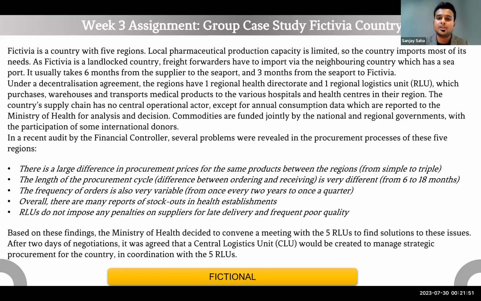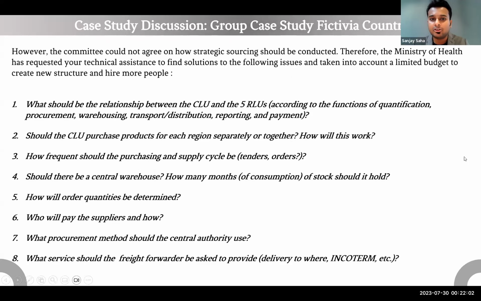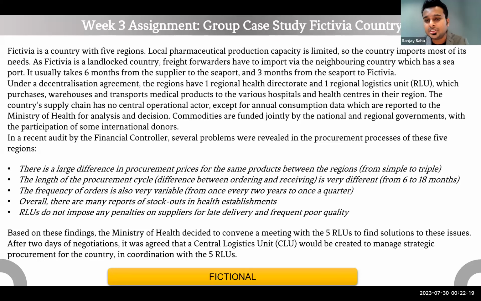So instead of ad hoc independent procurement, they agreed that there will be centralized procurement and there has to be a strategy around it. However, the committee could not agree in those 2 days as to how that strategic sourcing will be conducted. So now it is your role to identify those strategic choices based on the case which you see on the screen.